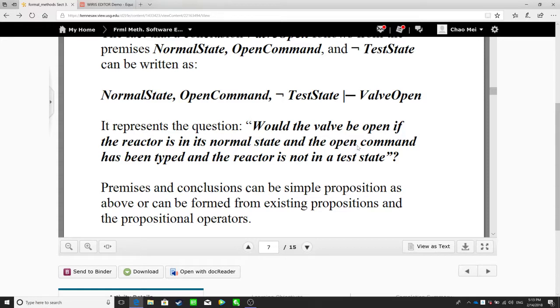It represents a question: would the valve be open if the reactor is in its normal state, and the open command has been typed, and the reactor is not in a test state? So that's basically those three conditions. You can call them conditions, or you can call them premises. Those are the things we know to be true, and we want to draw some conclusion from them.